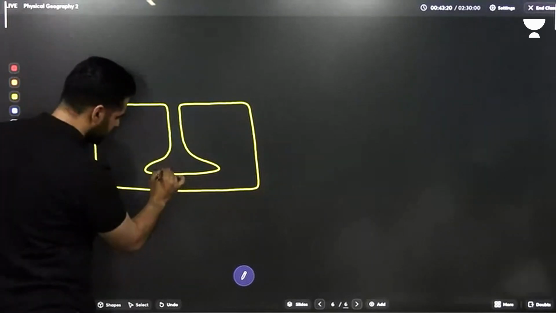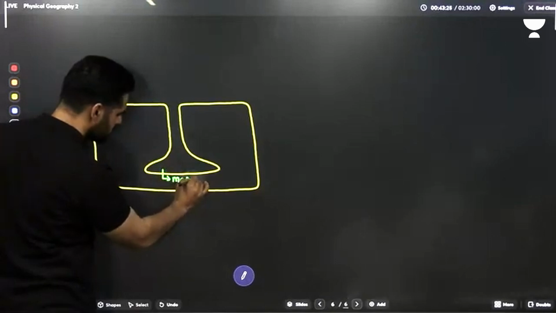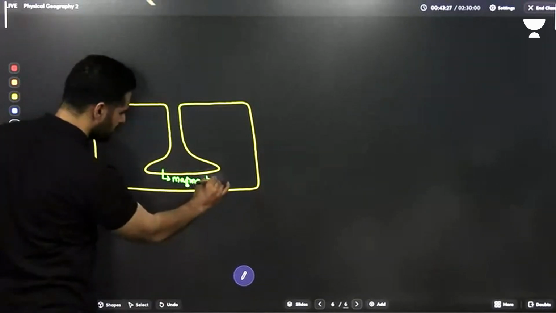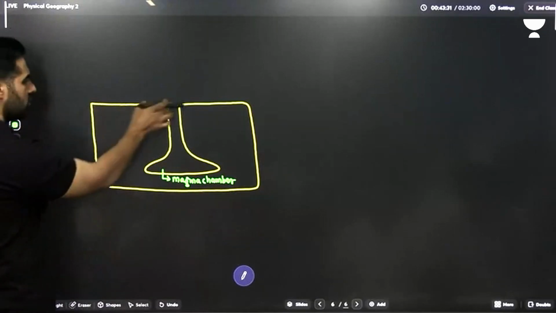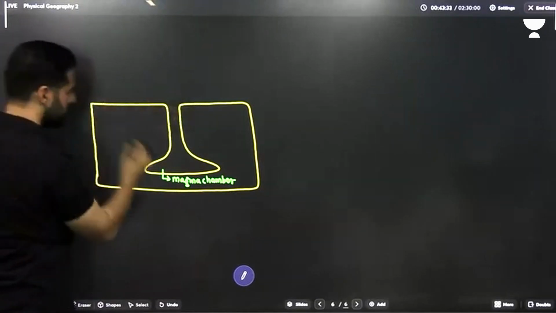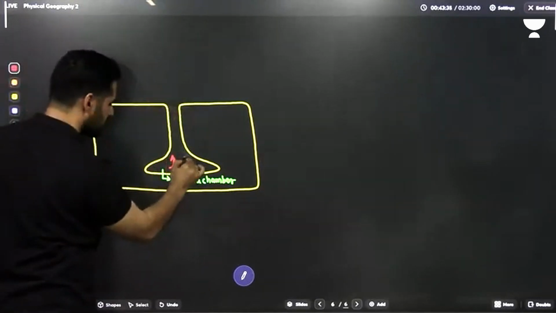If I consider this to be here magma chamber, what is this? Magma chamber. What is the surface? From this magma chamber, magma will begin to rise.